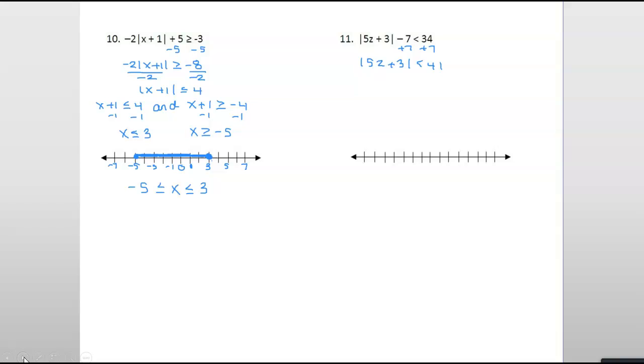So less than is "and." Split it, make both sides simplified, and then solve for z.